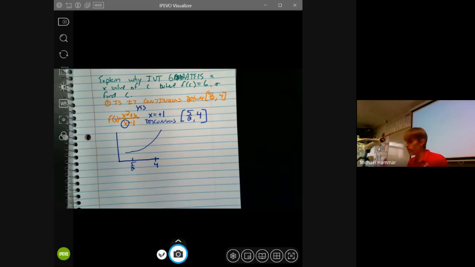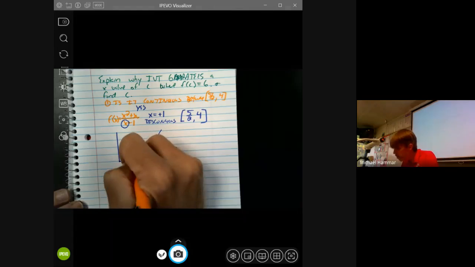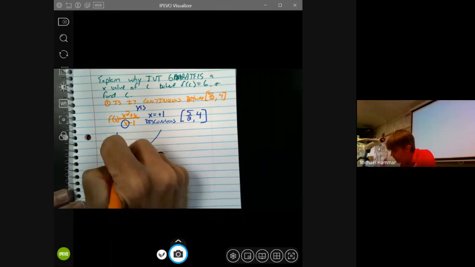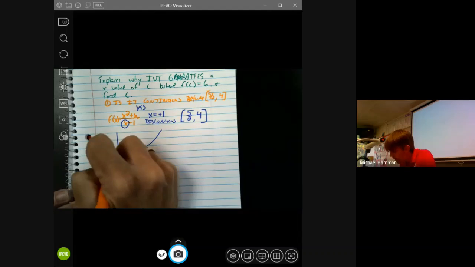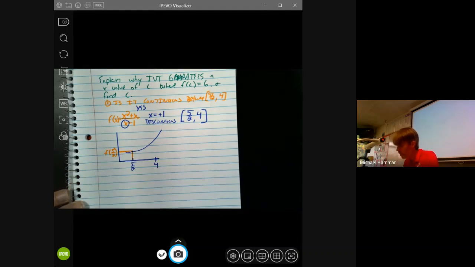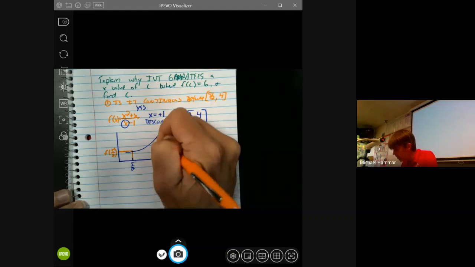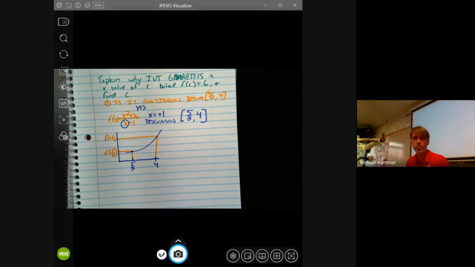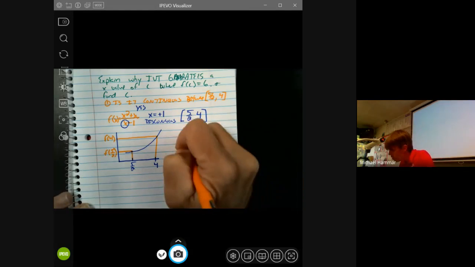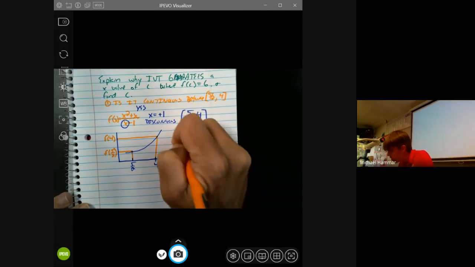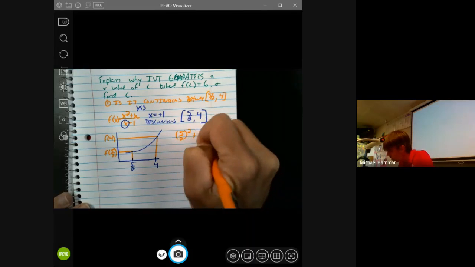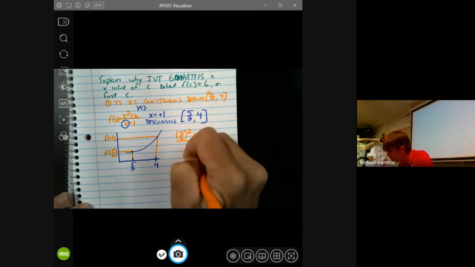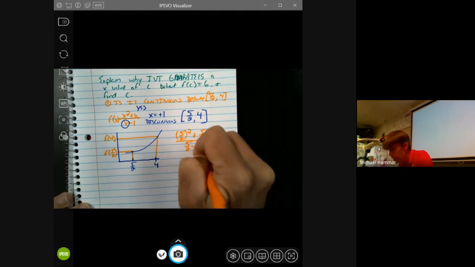Well, the only way to figure that out is we need to figure out what f of 5 halves is, and we also need to figure out what f of 4 is. Once you know it's continuous on the interval, now you need to calculate those values. So let's put 5 halves squared plus 5 halves over 5 halves minus 1.